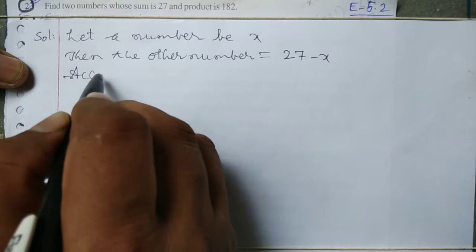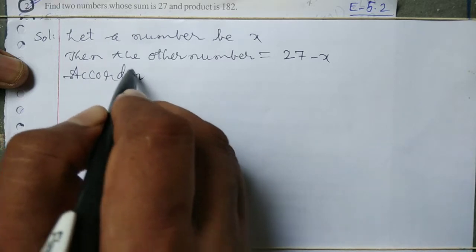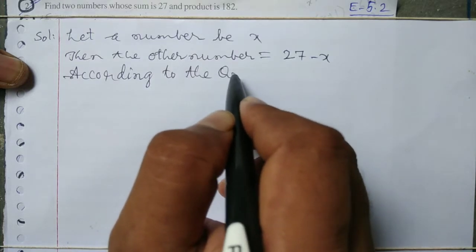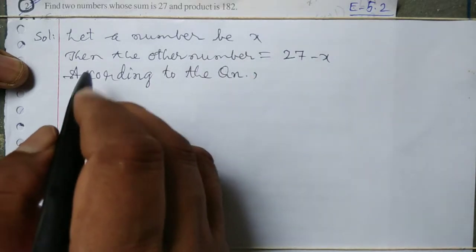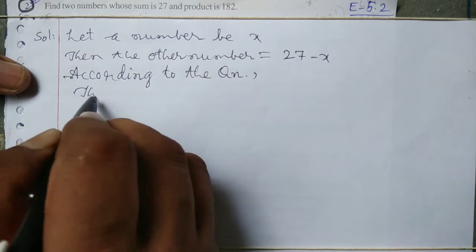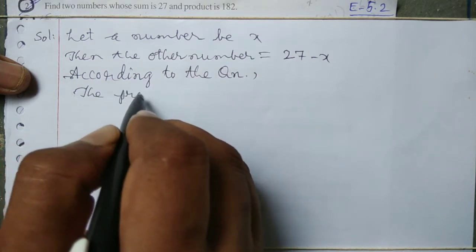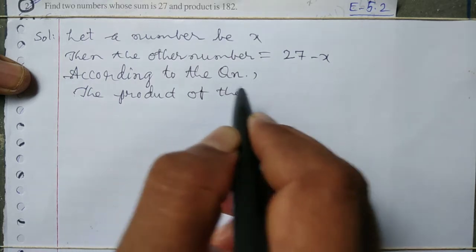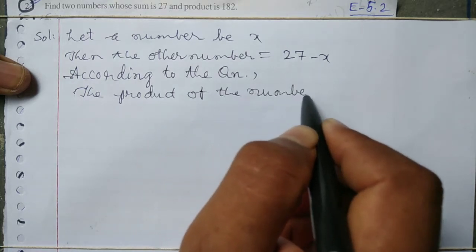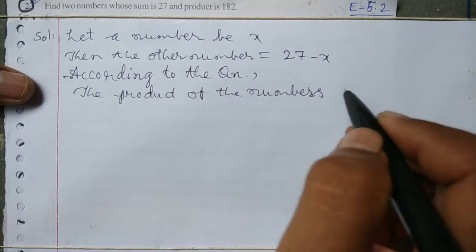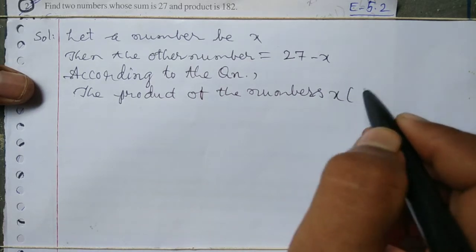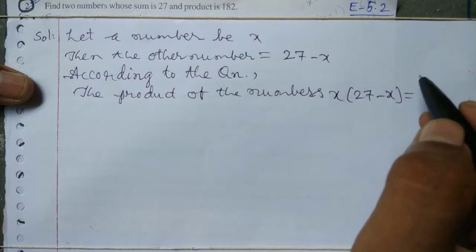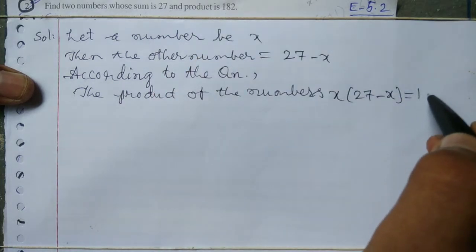According to the question, the product of the numbers, x into 27 minus x, is equal to 182, is given.